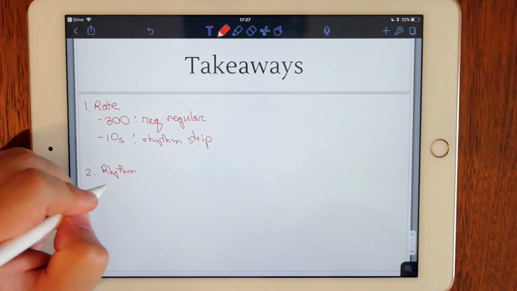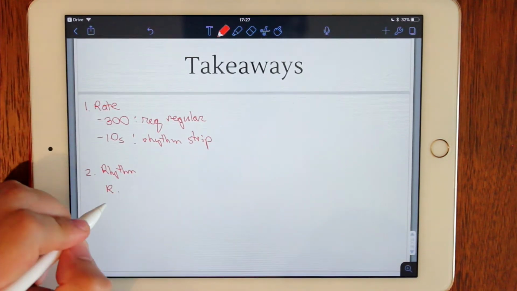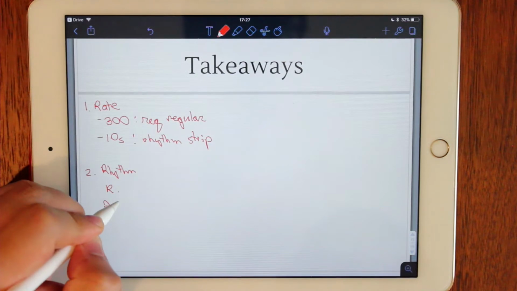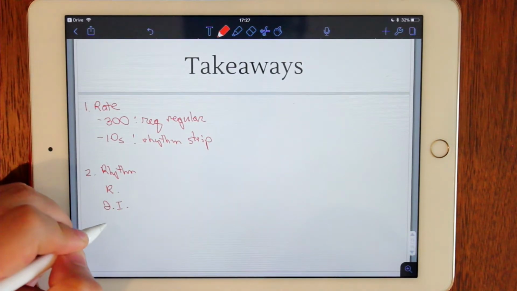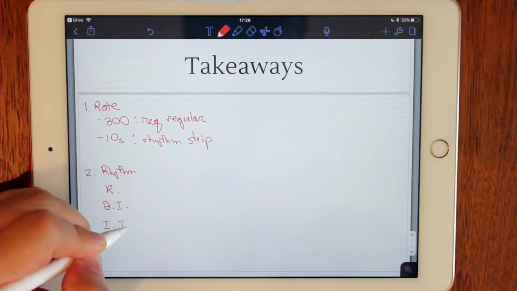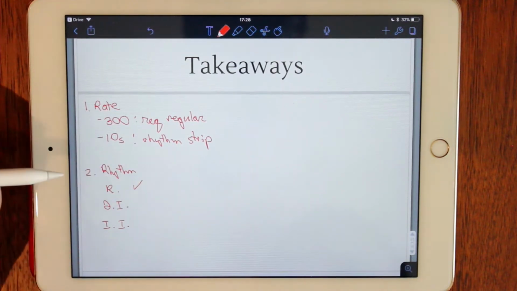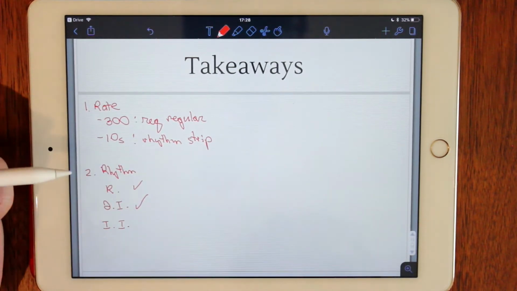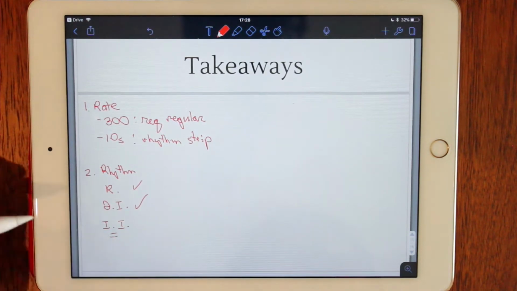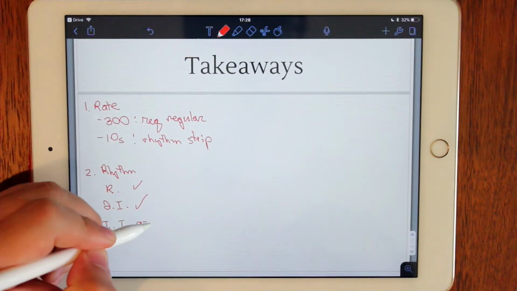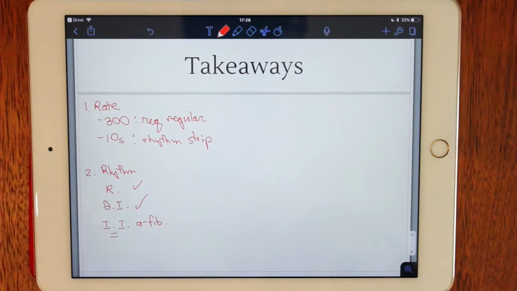It can be regular, it can be occasionally irregular, or it can be irregularly irregular. Many rhythms will fall under this category, and many rhythms will fall under this category. But if you see something that's irregularly irregular, the first thing you should be thinking is AFib.